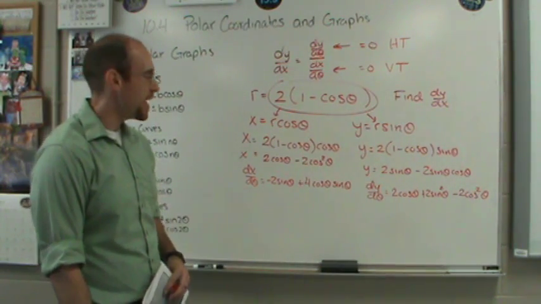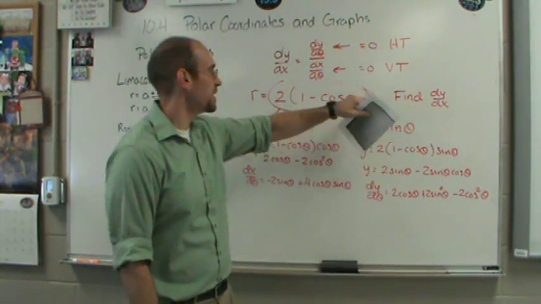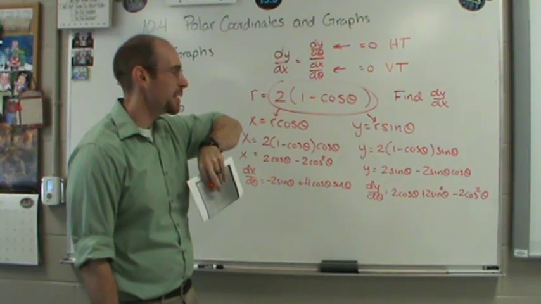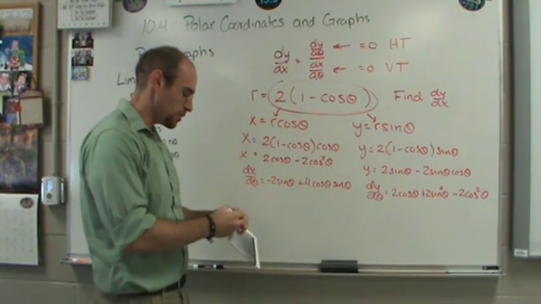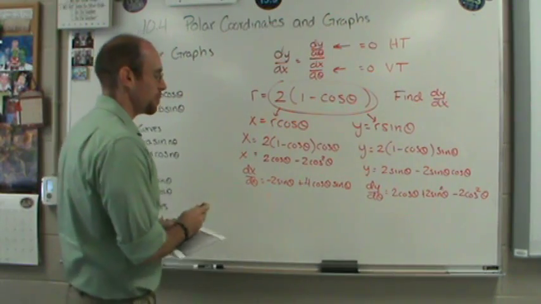So now let's go ahead with dy over dx, which is dy over d theta over dx over d theta. I'm going to take those two values and put them on top of each other.